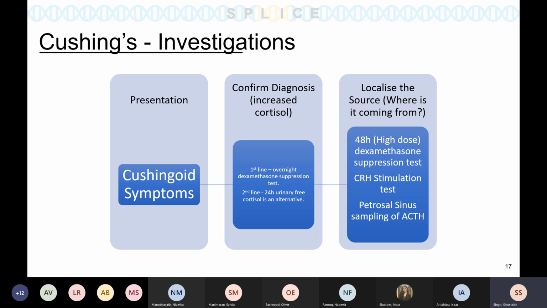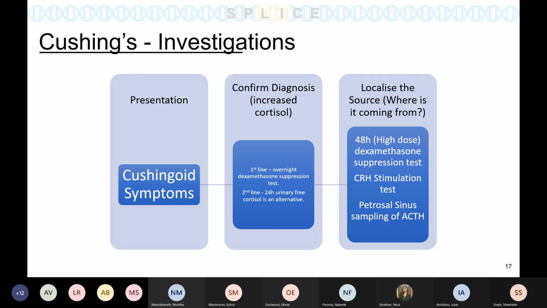Don't worry, I'm going to talk through all these tests. Your second line would be a 24-hour urinary free cortisol, which is an alternative to the first line. But as you can see, a 24-hour urinary free cortisol is a bit more of a pain to do than an overnight dexamethasone suppression test.